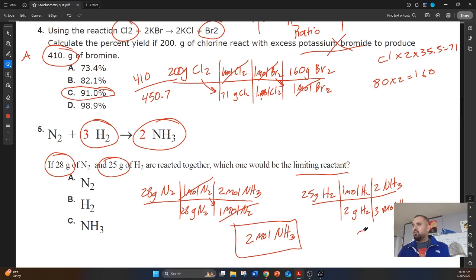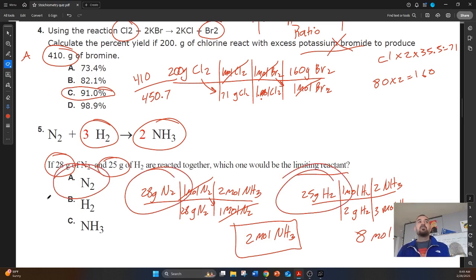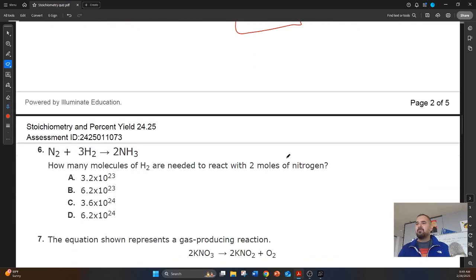So with our hydrogen, we can produce 8 moles of NH3. So which one is going to run out first? Well, not NH3. They're both producing NH3. Which one runs out first, nitrogen or hydrogen? Nitrogen runs out first. So that's how you would solve this problem. Let's go ahead and move to the next one.